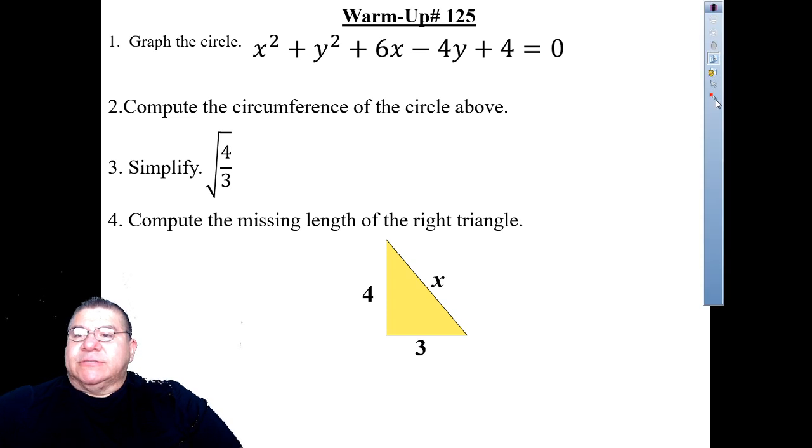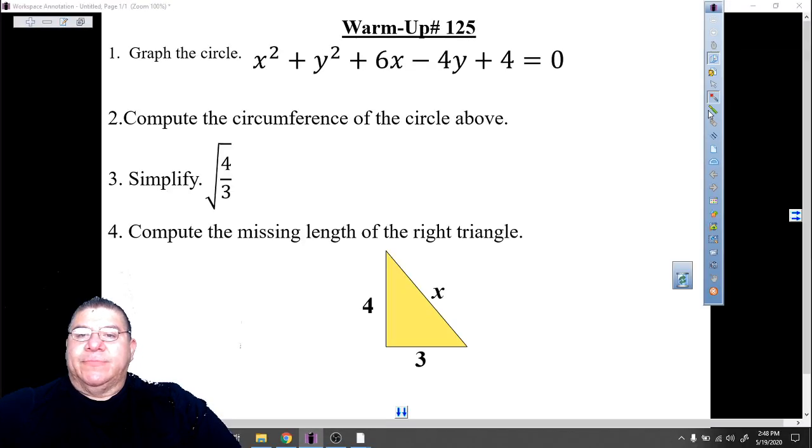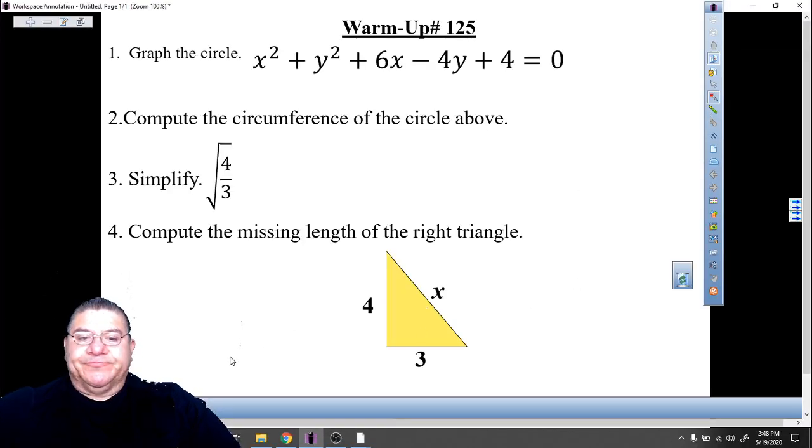Alright, so let's get started. Number 1. Once again, if you need to pause the video, pause the video. So number 1 reads, graph the circle, x squared plus y squared plus 6x minus 4y plus 4 equals 0.